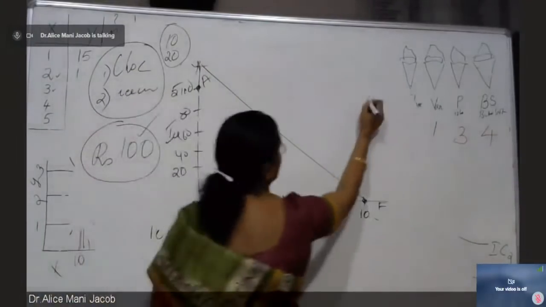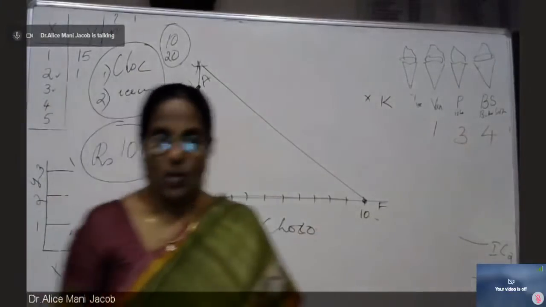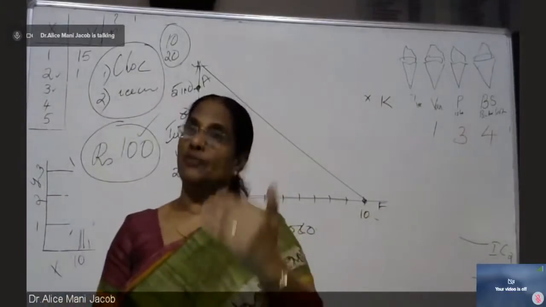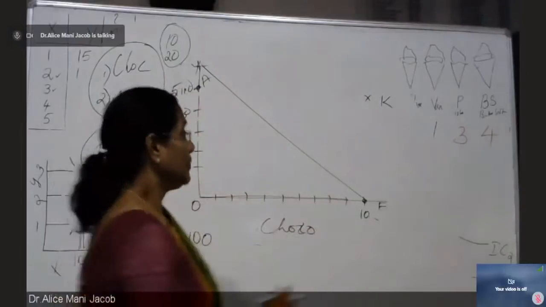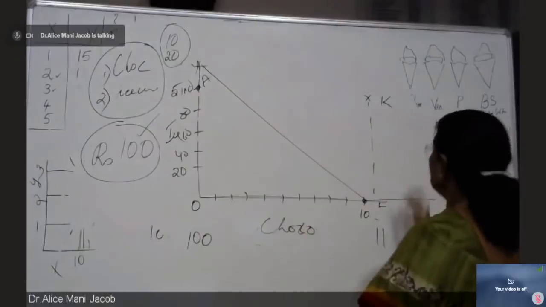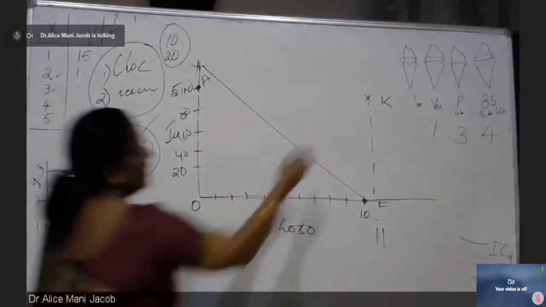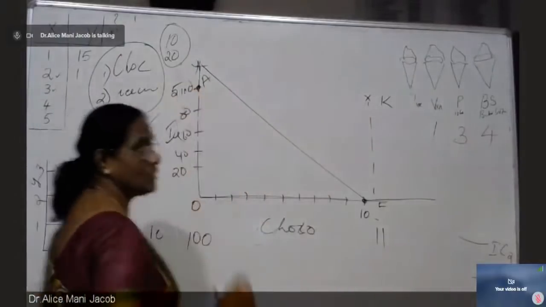Now, is it possible to consume at K? It is not possible. Why is it not possible for you to consume at K? K means 11 chocolates and 5 ice creams. I'm not drawing it, so as not to make it complicated.